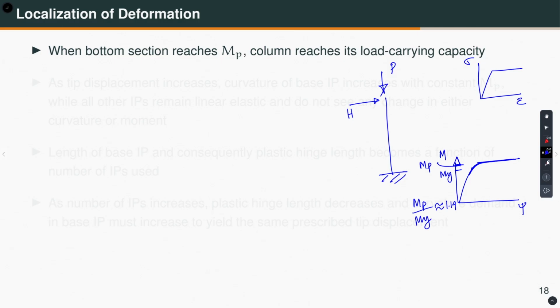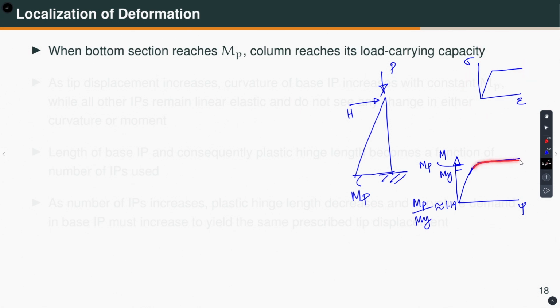So, if I keep pushing this using a displacement control mode, when the Mp is reached, then what happens? The bending moment diagram, let us say, is like this, and this moment is Mp. Now, if I keep pushing it, no matter how much I push, my material behavior is elastic perfectly plastic.